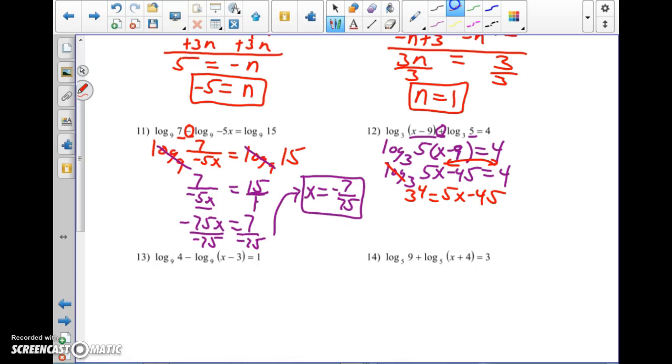3 to the 4th power is 81. Now you're going to add 45 to both sides.